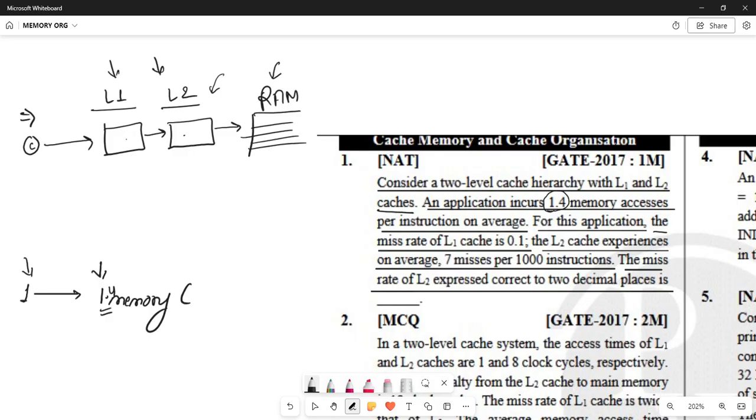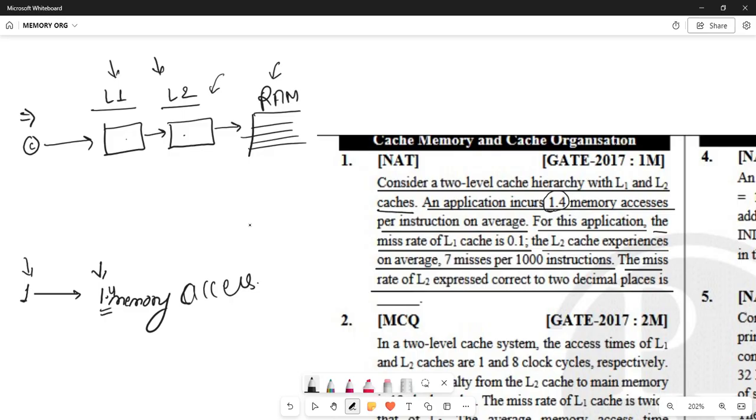So first of all it will go to cache, right? So 1.4 memory accesses, and first it will go to cache L1, then it will go to L2, and then it will go to RAM. So 1.4 memory accesses will be needed per instruction on average.